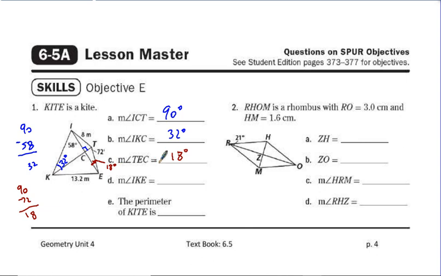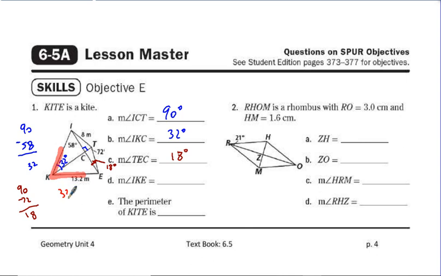Next, they would like the measure of angle IKE. IKE. This time I will highlight. IKE, since this is a kite, and the diagonal TK is a symmetry line, I know that angle IKC and angle EKC are both congruent.